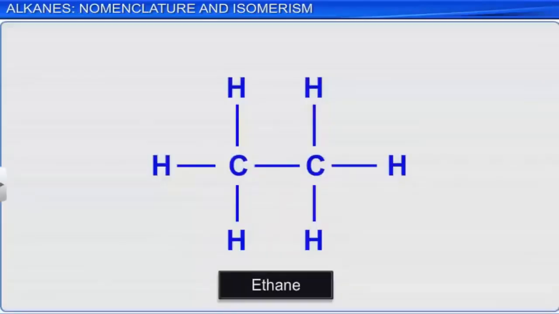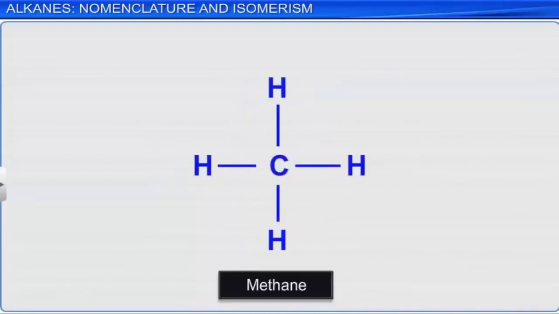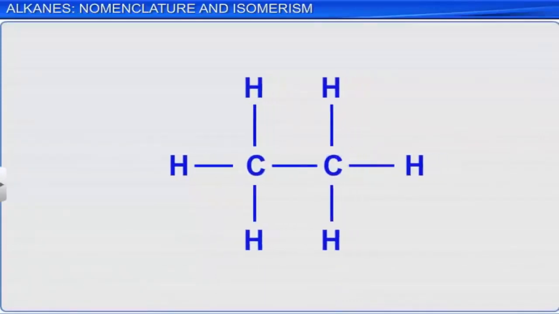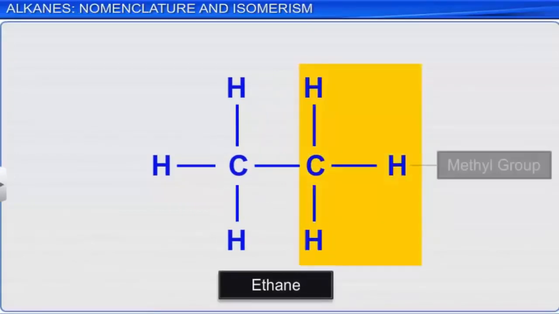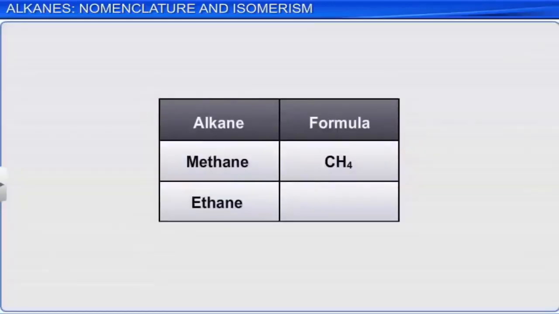The next member, ethane, can be obtained by replacing one of the hydrogen atoms of methane by the CH3 group. This group is the methyl group, which is a type of alkyl group. Thus, ethane with molecular formula C2H6 is derived by replacing one hydrogen atom by a CH3 group from the methane CH4 molecule.